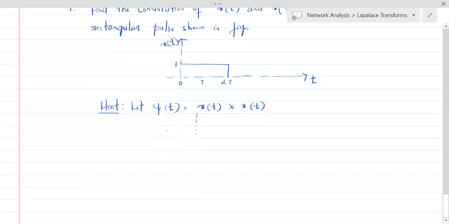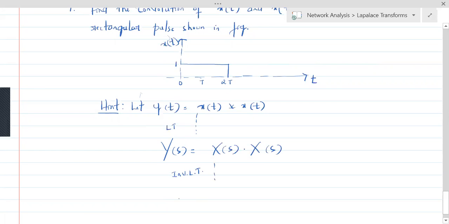You will get y of s, x of s into x of s, by applying Laplace transform. By applying inverse Laplace transform, you will find y of t. So what is this? X of t is not directly given as a mathematical equation. You need to obtain that x of t from this. Okay, and let me give you the answer also.